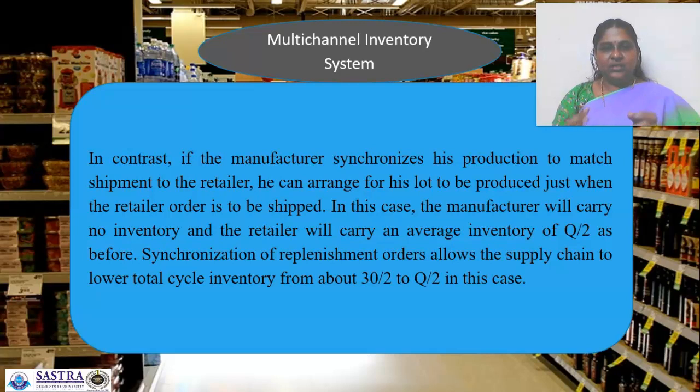In this case, the manufacturer will carry no inventory and the retailer will carry an average inventory of Q by 2 as before. So, synchronization of replenishment orders allows the supply chain to lower the total cycle inventory from 3Q by 2 to Q by 2 in this case.